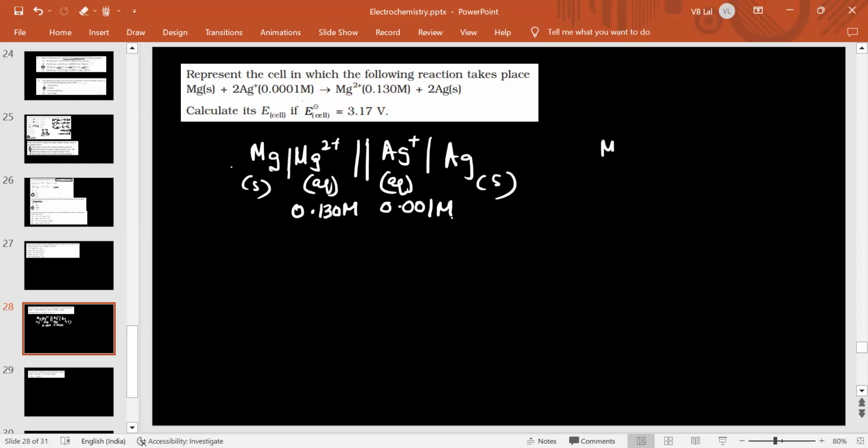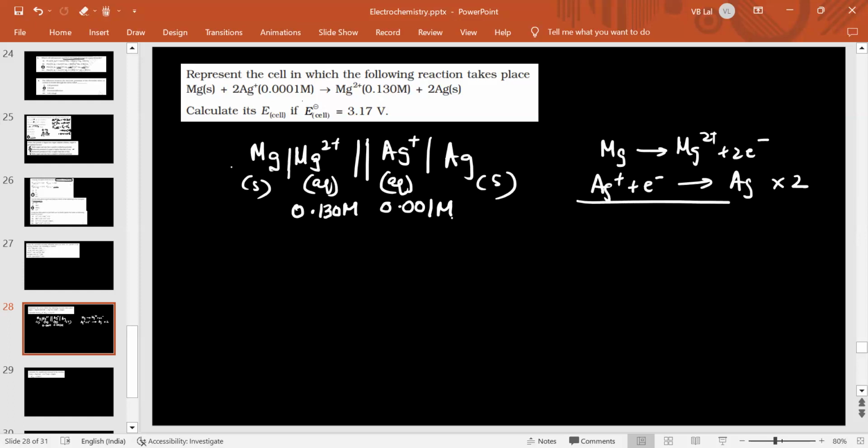The cell reaction is Mg giving Mg2 plus plus 2e minus, and Ag plus plus e minus giving Ag. I'll have to multiply the second equation by 2. So my cell reaction will become Mg plus 2Ag plus giving Mg2 plus plus 2Ag.